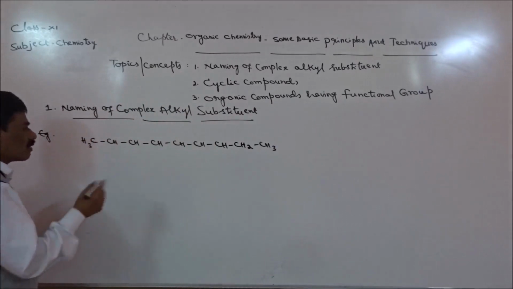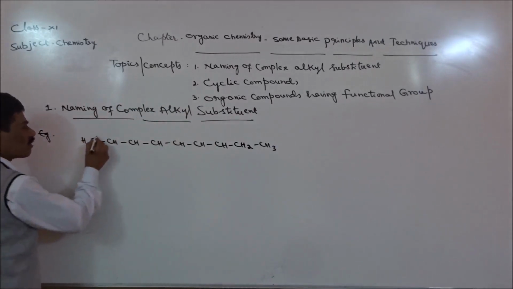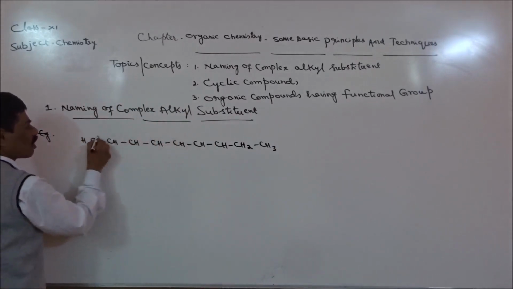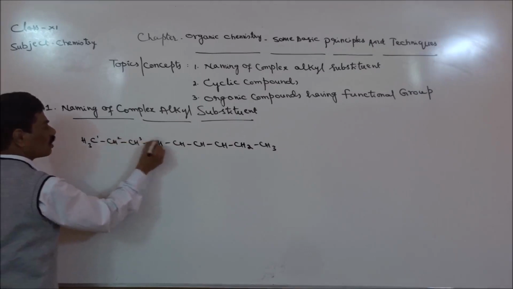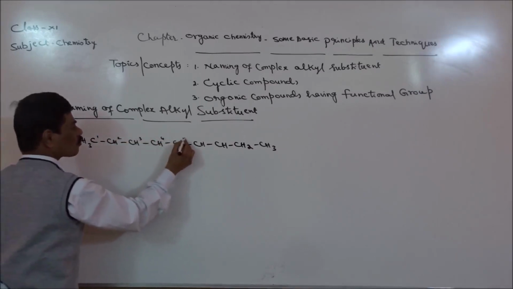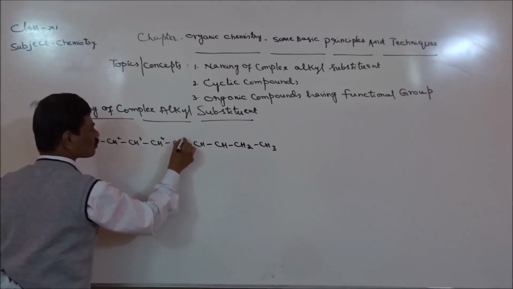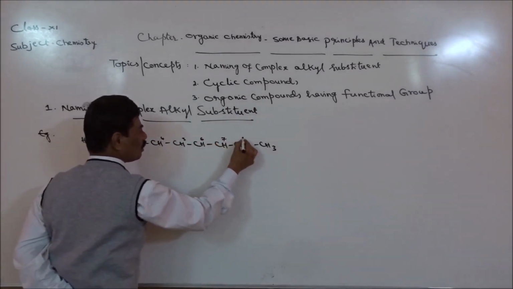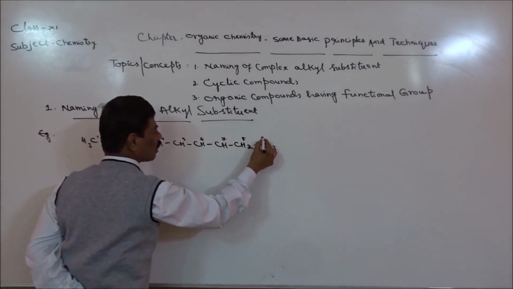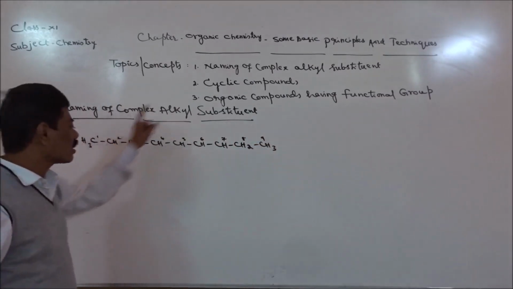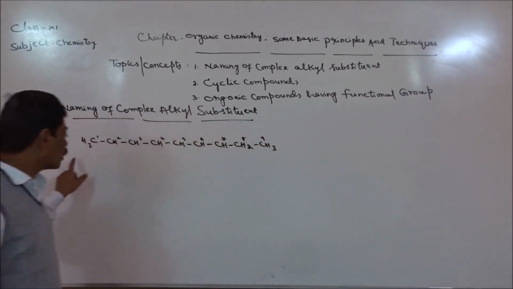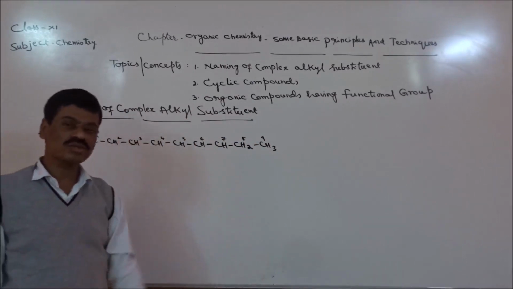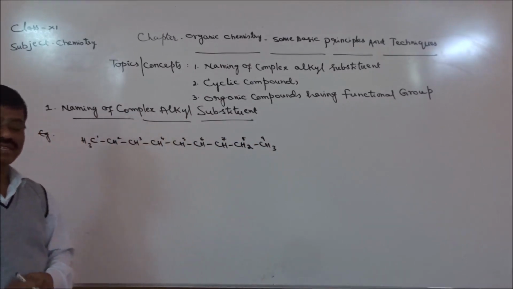Numbering can be given in any direction. If it is given in this direction, then it will be 1, 2, 3, 4, 5, 6, 7, 8, 9. See, first and ninth carbon atoms are terminal carbon atoms. So they should always have 3 hydrogen atoms connected to them.